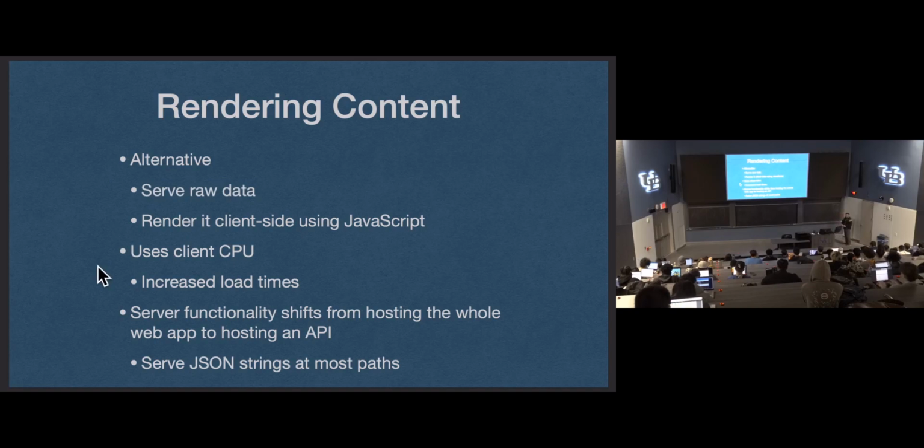This helps because what if you want to write an app that doesn't use HTML? You want a native mobile app, you want a Roku app, you want an Xbox app. You write the code for that app's front end and have it fire off requests, probably not even AJAX at that point, but whatever libraries you have to send off HTTP requests, and hit the endpoints to serve the raw data, and then have the client render the data.